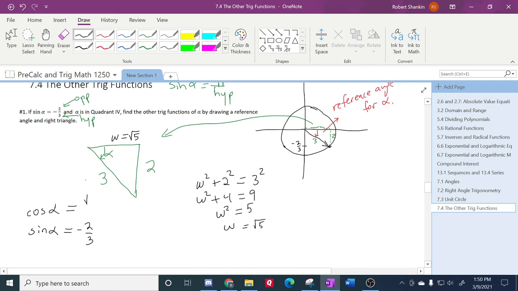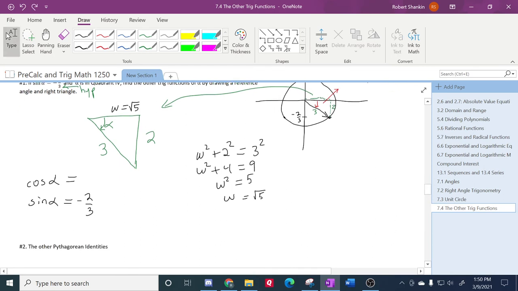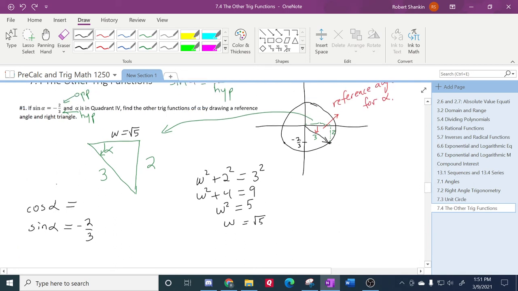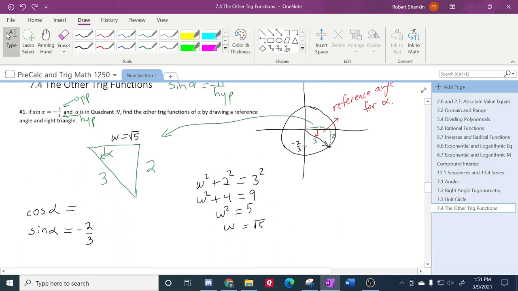But before I put in any of these things, let's figure out what the signs of all these are going to be. Is cosine of a quadrant 4 angle going to be positive or negative? It's going to be positive because you go to the right.